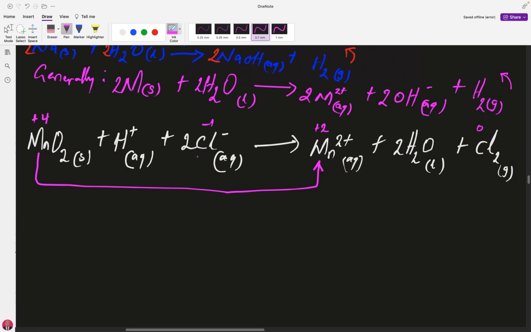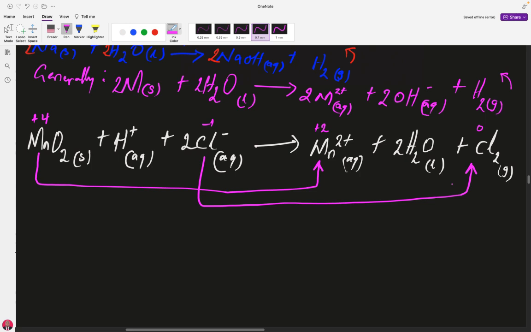Manganese oxidized the chlorine in the sodium chloride from -1 to 0, which is the gas. Any element in its neutral state has an oxidation number of 0.